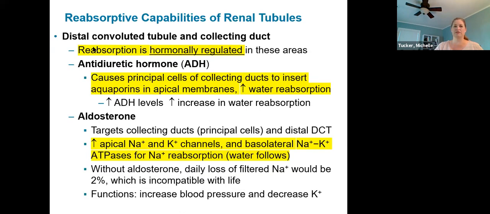And then the distal convoluted tubule and the collecting duct, you're looking at like 5% of sodium and like 8% of phosphate, and then the water and urea are going to be under hormonal control. So we'll go over this again next time.